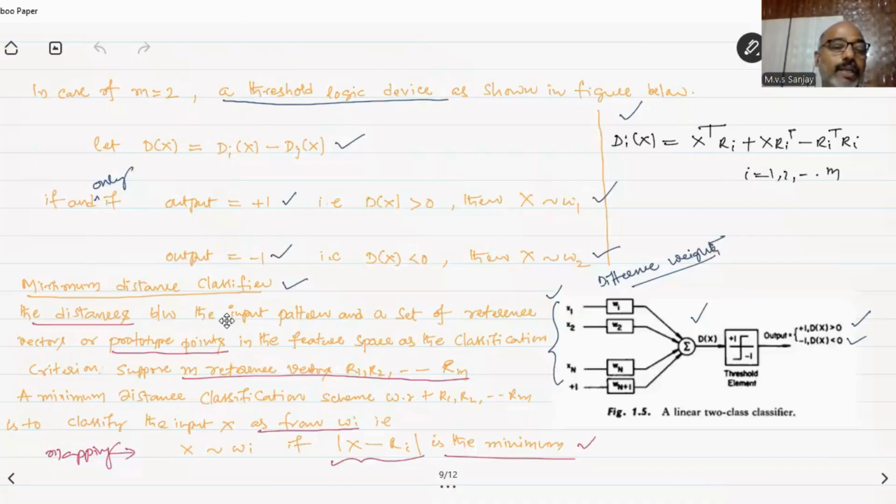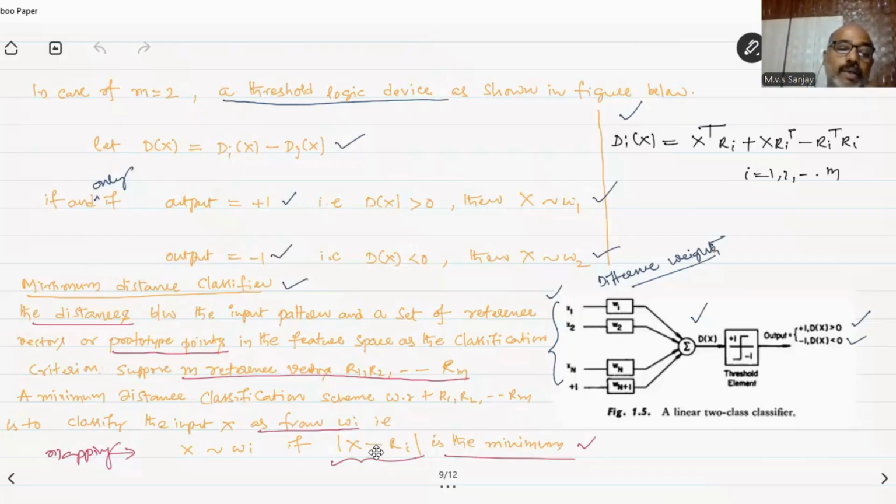By using the Euclidean distance expression, one can find the distance between two points. Suppose there are m reference vectors R1, R2, and so on up to Rm. We can define a minimum distance classification scheme with respect to R1, R2, and so on Rm to classify the input pattern X as from omega i. That is, X is mapped to omega i if modulus of X minus Ri is the minimum.